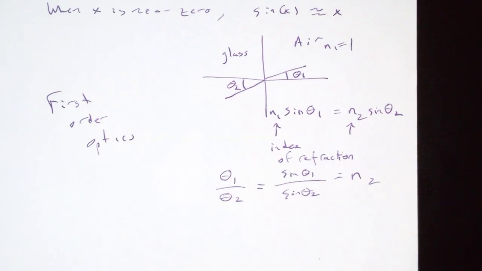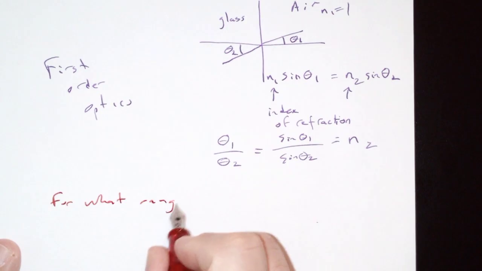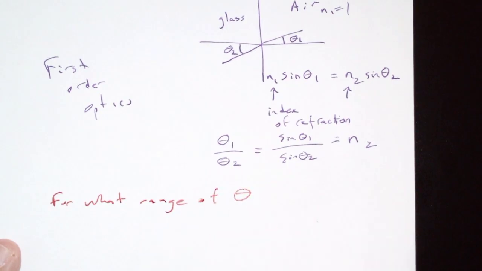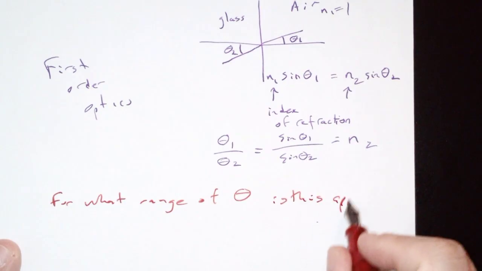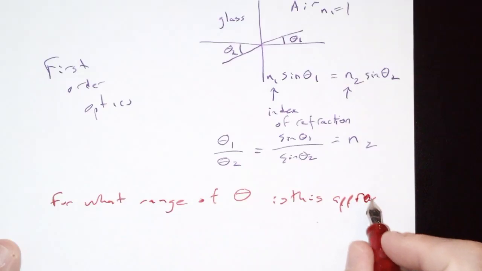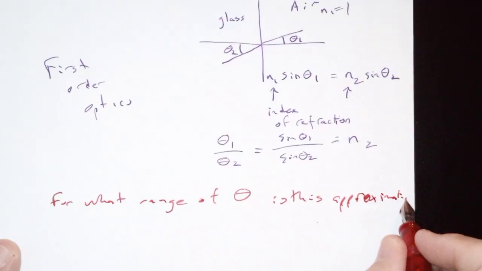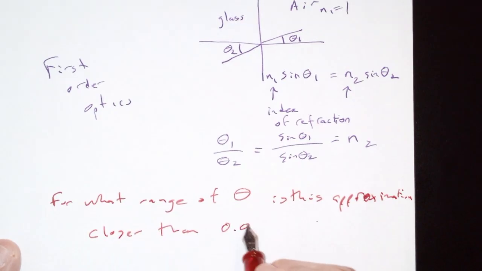I could ask, for what range of theta is this approximation closer than, I don't know, how about 0.05?